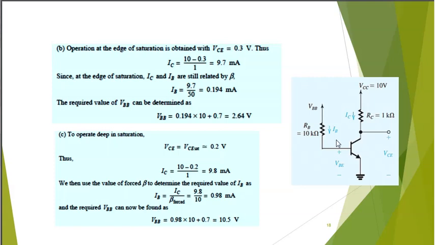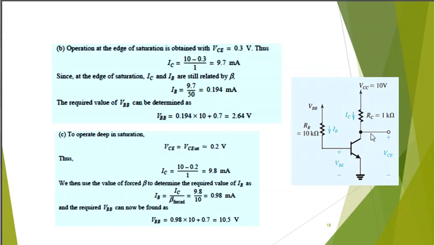Or no, times 50, because it's 0.93, so it's going to be 46.5. Wow. So if this is the case, if you want to find VCE, we'll say 10 minus 46.5 times 1 minus VCE equals 0. So of course VCE will be minus 36.5. It's not possible, is it?